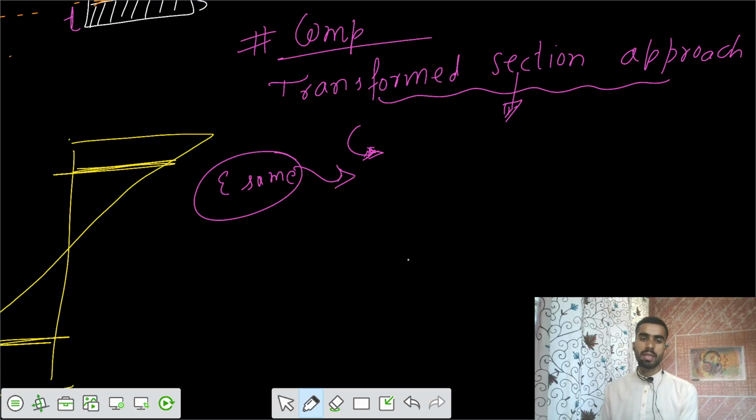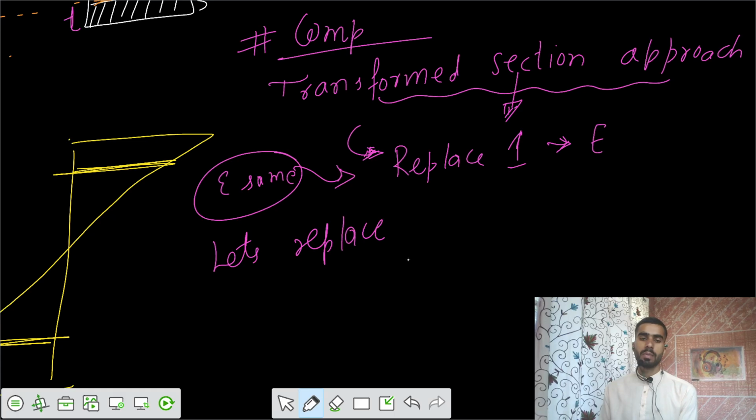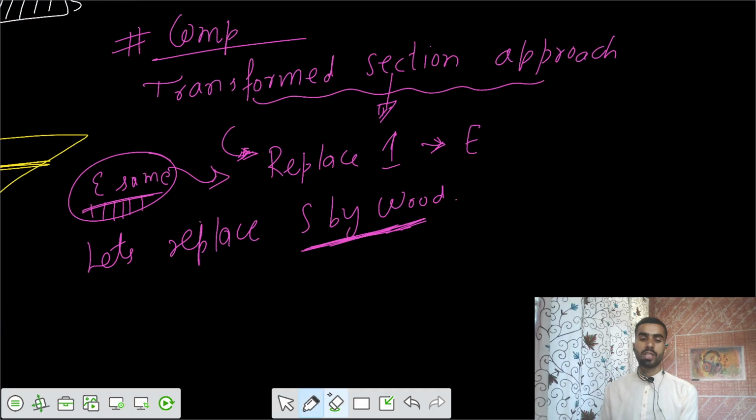We replace one material. Let's say we replace steel by wood. If you replace steel by wood, the effect of strain is the same. We don't have the strain effect here, but the effect on the stresses because of the change in E.